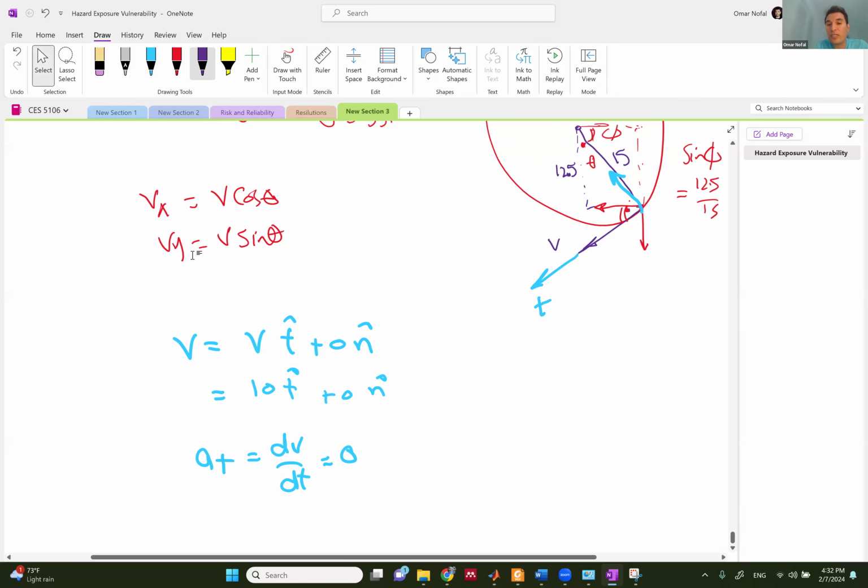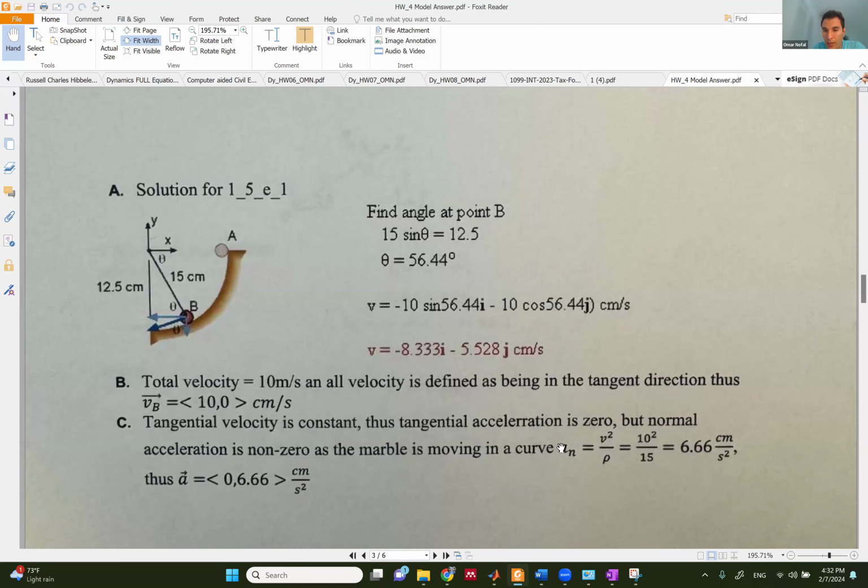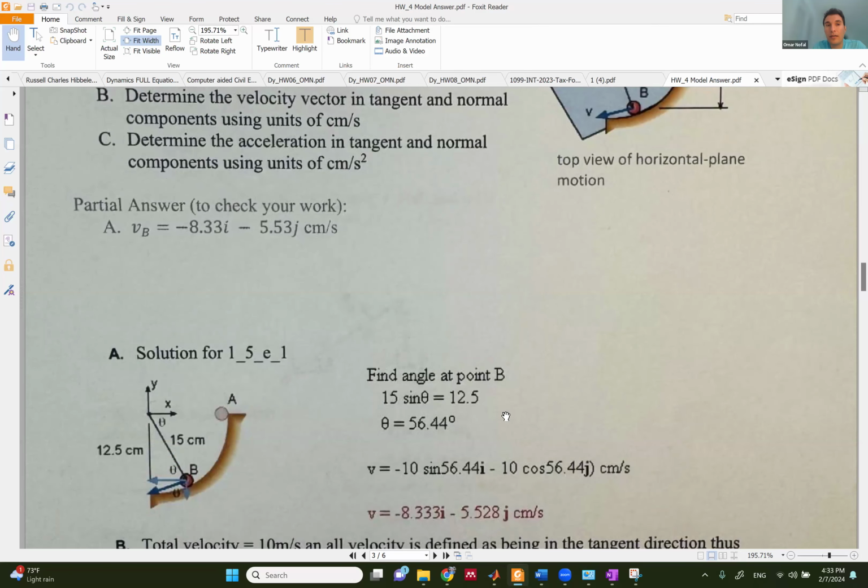This will leave me with getting the A normal, and A normal only depends on the velocity v square over rho, and that's very, very easy because I know that the velocity is equal to 10 and rho is equal to 15, so I can get 100 over 15. So this is going to give me 10 squared over 15, 6.6 centimeter. So the acceleration is 0 in the tangent and 6.6 centimeter per second square in the normal.